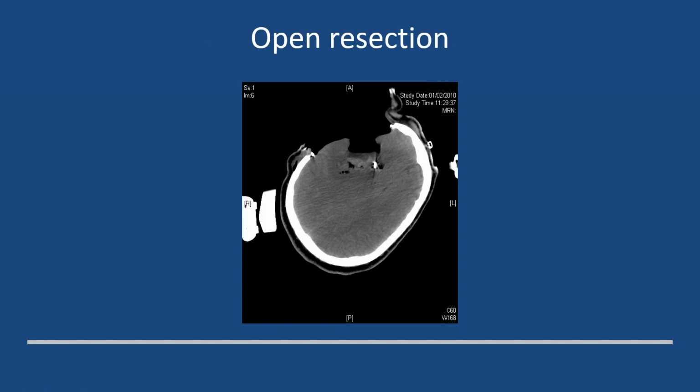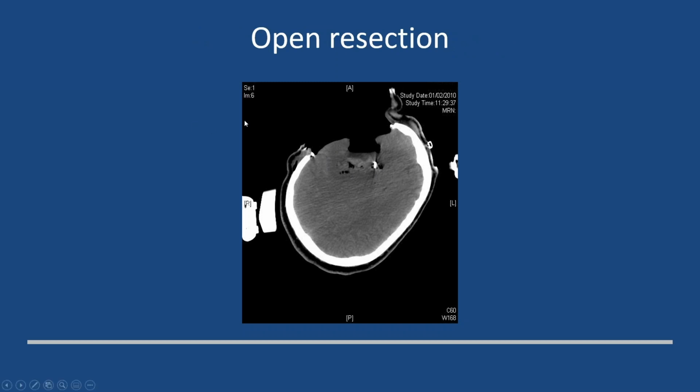So we use this for all tumor resections, and this is a large suprainsular low-grade glioma. And what you can see is this is during the surgery, open head. About 50% of the tumor was resected. This is actually the whole tumor. We wanted to define where exactly we were in terms of the medial border.